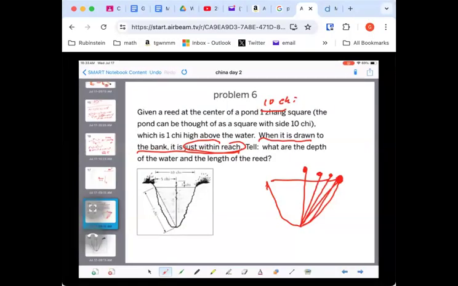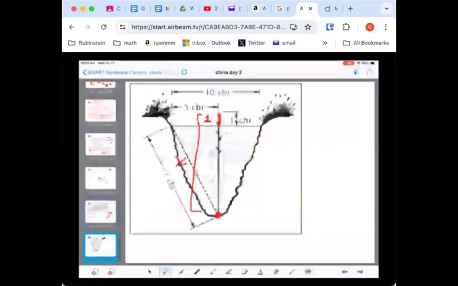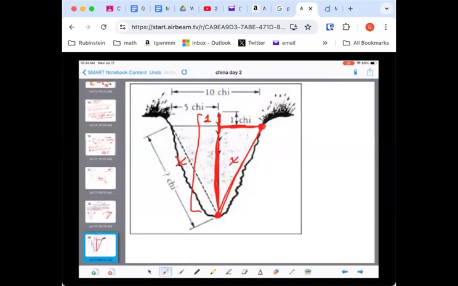So here's what we do. We draw. Oh, they pulled it to the left. I always pull it to the right. And we get a right triangle here. Here's the right triangle, and I call x the hypotenuse because the hypotenuse is the reed.